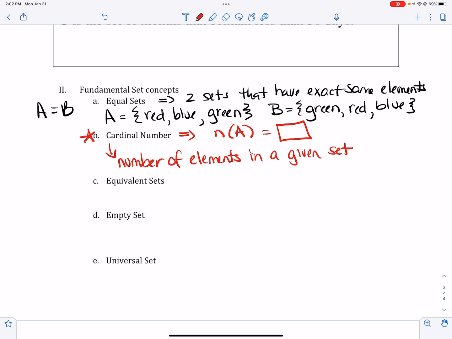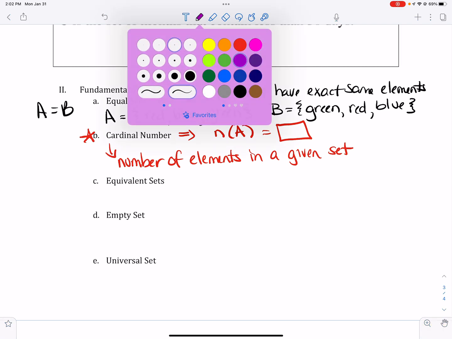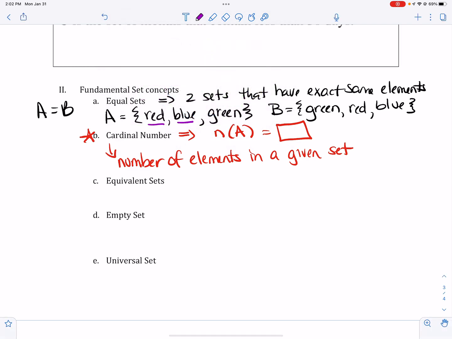So if I were to look at the set above, A, red, blue, green, the number of elements in that set is 3, and that's the cardinal number for that set, okay?